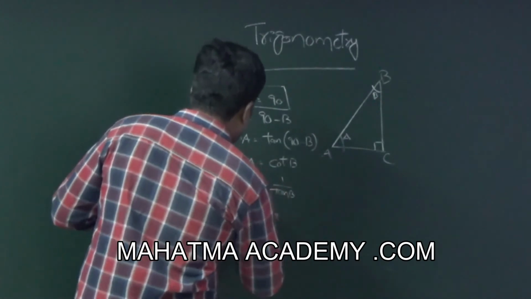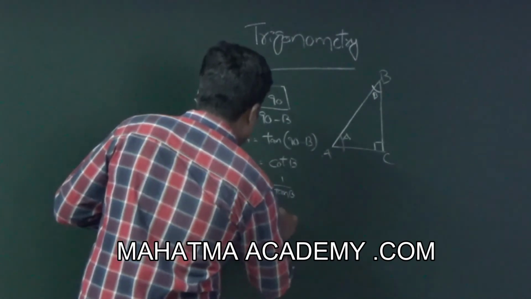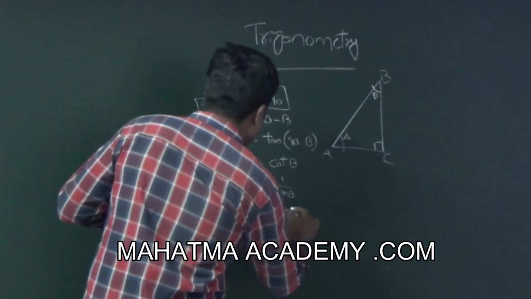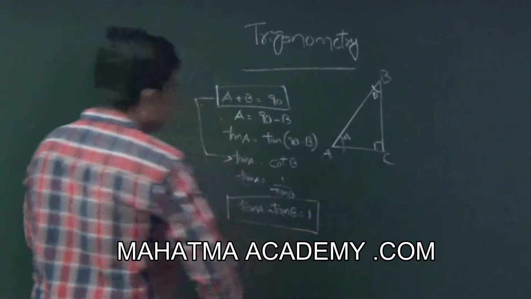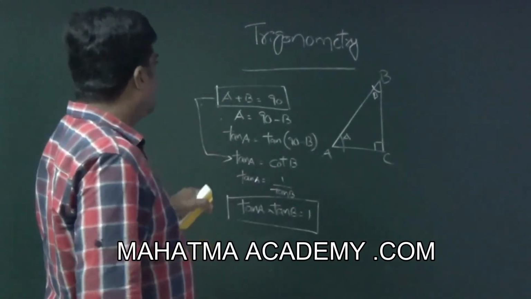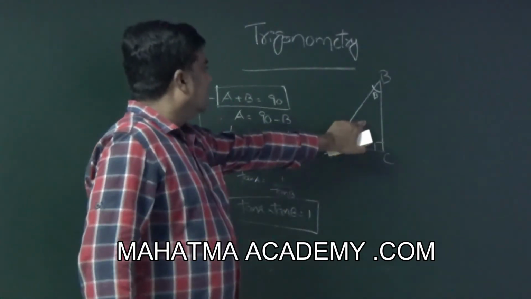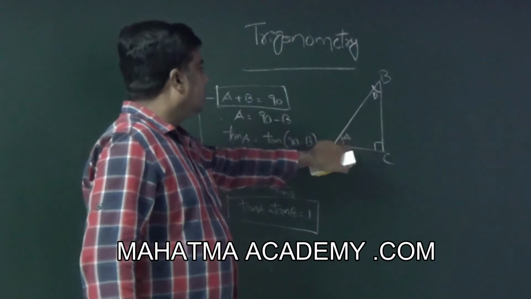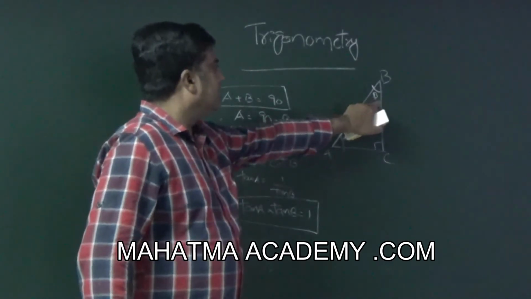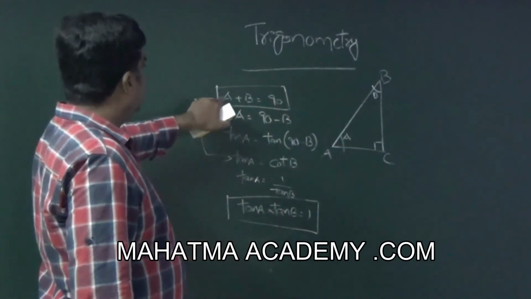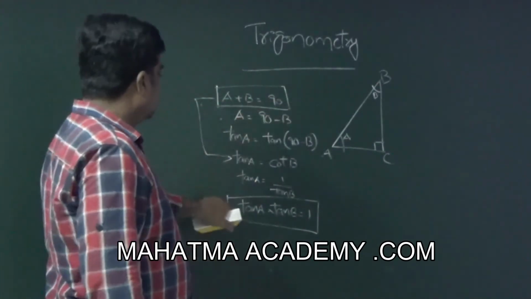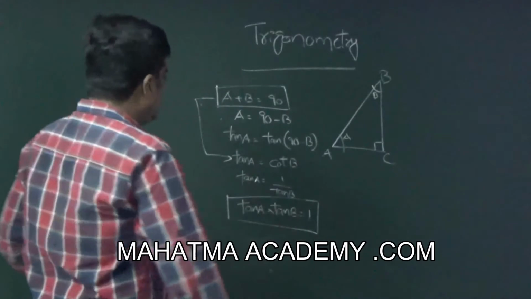Therefore, tan A into tan B equal to 1. This is another formula derived from this right angle triangle. Since the sum of the other two angles is 90, if A plus B equal to 90, tan A, tan B equal to 1.